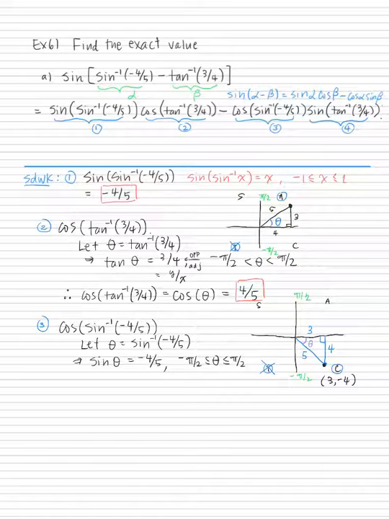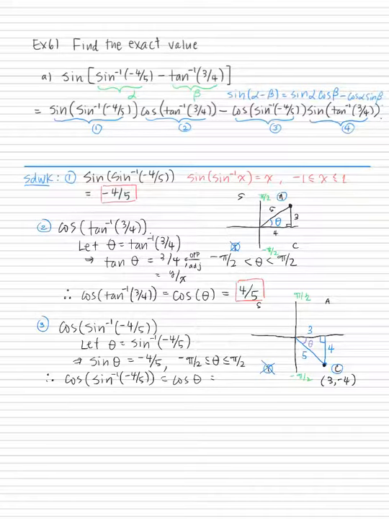So therefore, cosine of sine inverse of -4/5 is cosine of theta. Now, cosine of theta is adjacent over hypotenuse of that triangle, and the value should be positive because cosine is positive in quadrant 4.